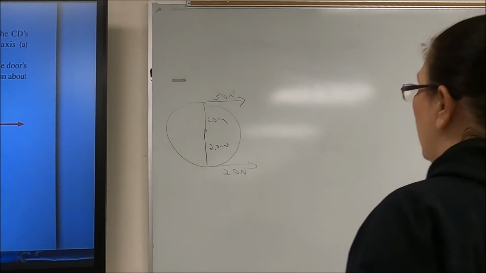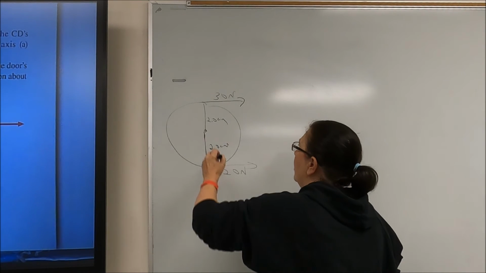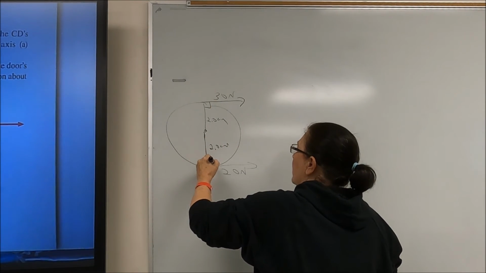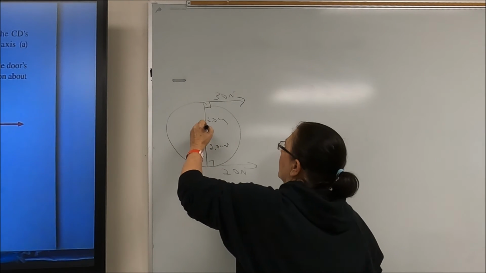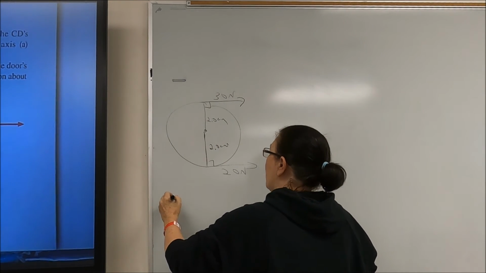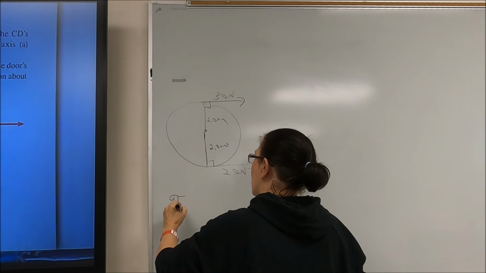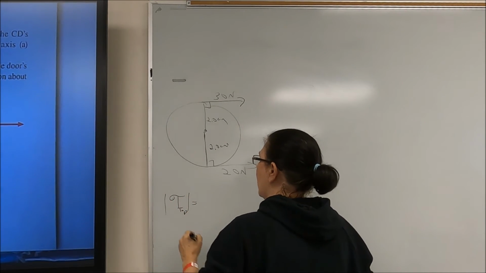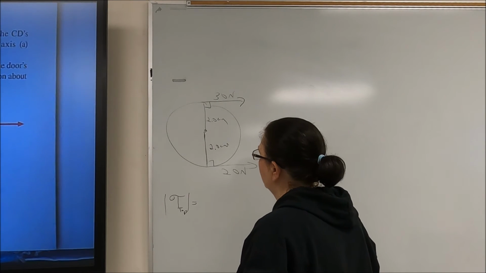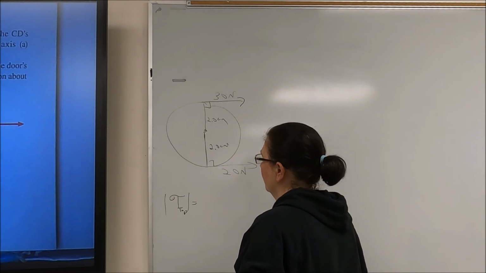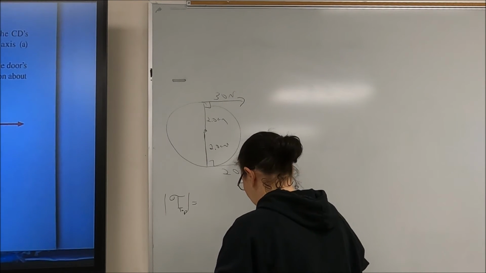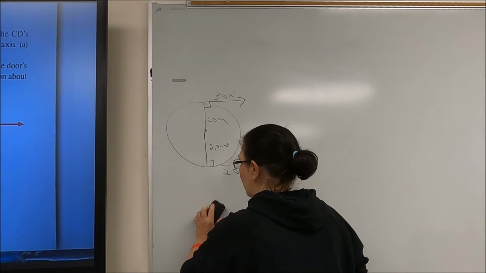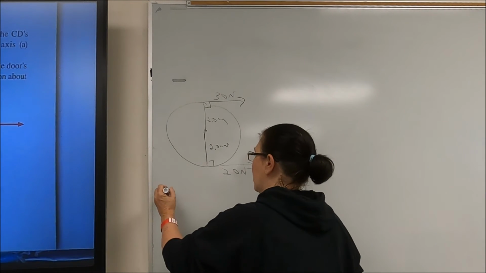Now, this is a 90-degree angle. Okay? If I get my torque top, I'm going to go ahead and calculate, well, let's see. I'm going to do it the way your book does it, although it's a little awkward for me.